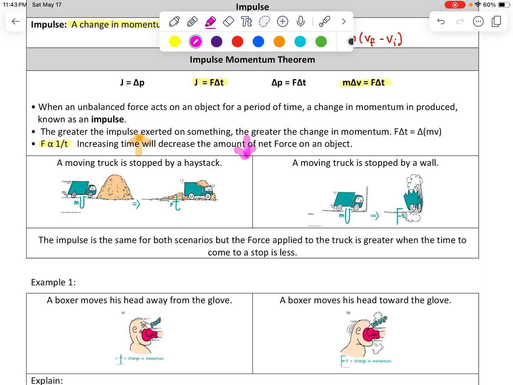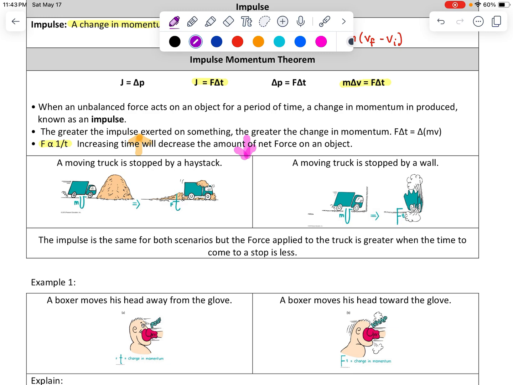And we can see that with these two illustrations here, right? Here is a moving truck stopped by some hay, and then a moving truck stopped by a wall. Notice both of those start with the same velocity, they end with the same velocity, right?